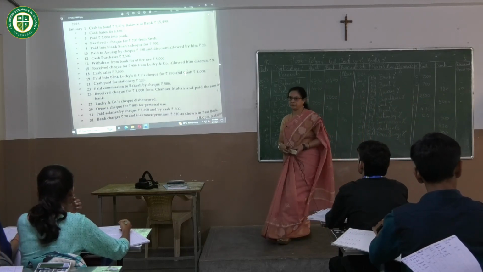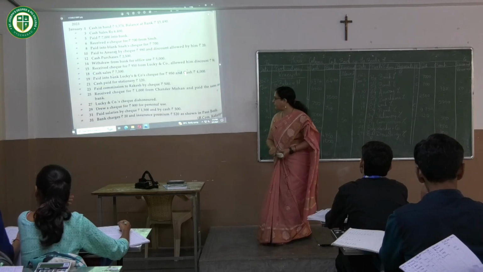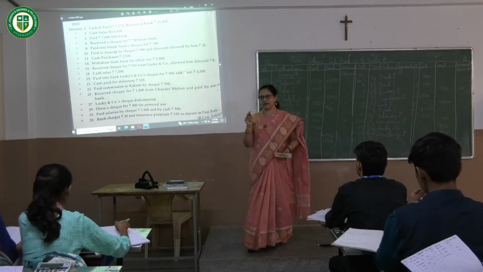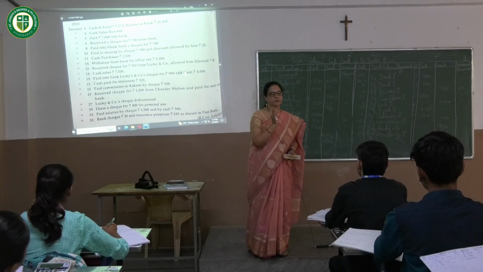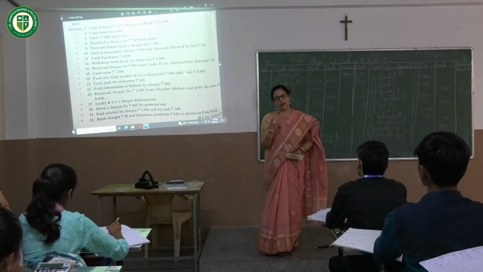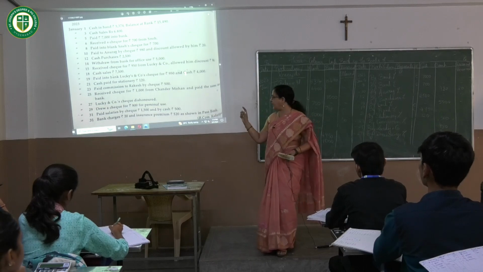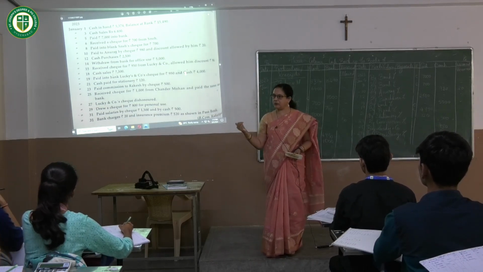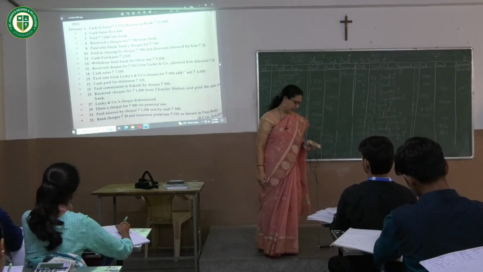This is clear? Next one, paid salaries by check and by cash. Now the businessman is paying salaries to his staff and he's paying it partly by check and partly by cash. However much it is, it's an expense for me: salaries. How much is check? We'll write it in the bank column. How much is cash? We write it in the cash column.